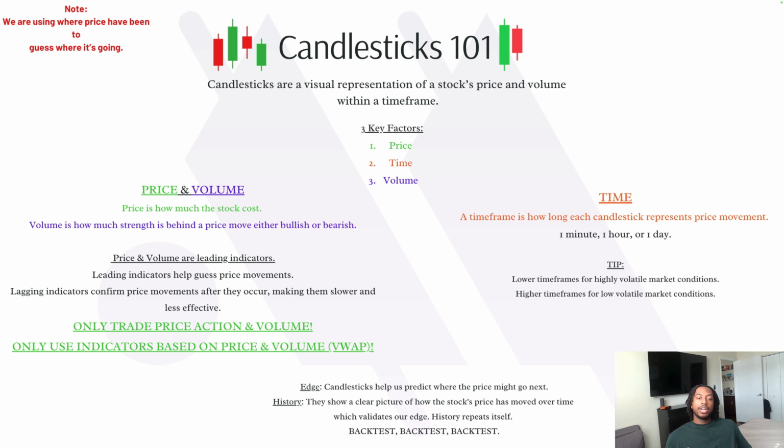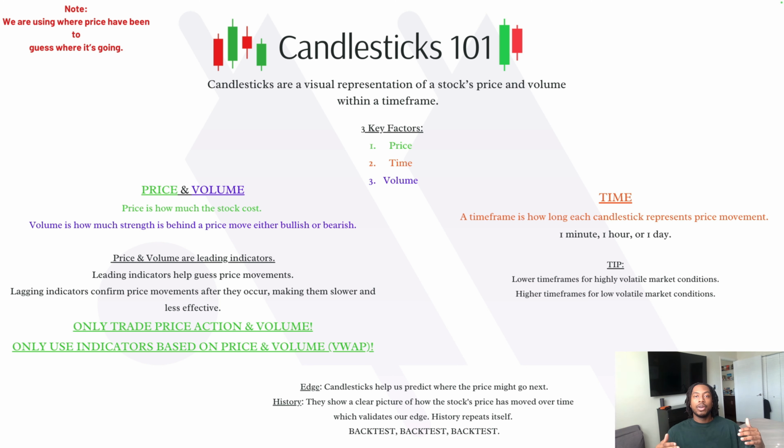A leading indicator helps you guess where price is going to go next, whereas lagging indicators such as MACD, moving averages, RSI, all those things, those are lagging indicators, which means price and volume have to occur first in order for those lagging indicators to get that data from the price and volume and then give you a signal. So in other words, it's lagging. That means the move has already happened by the time you got the information to make your decision. So it's too late.